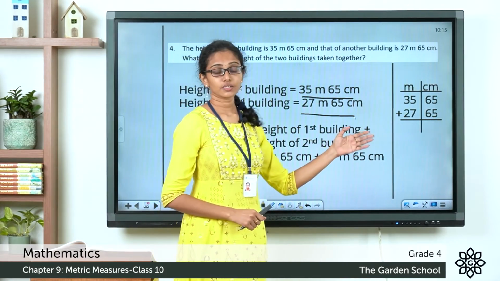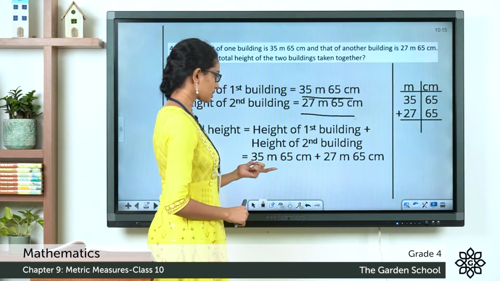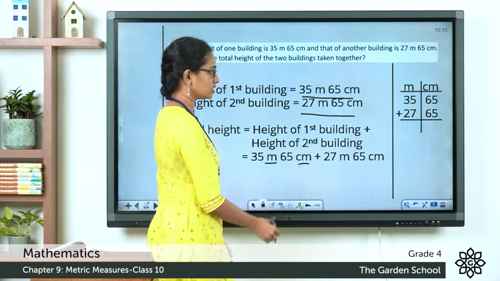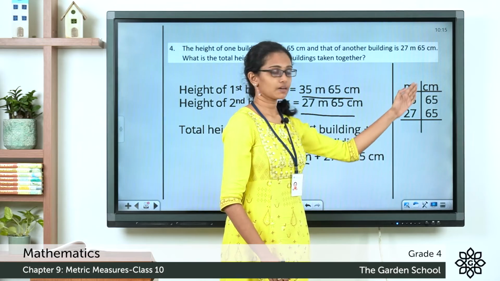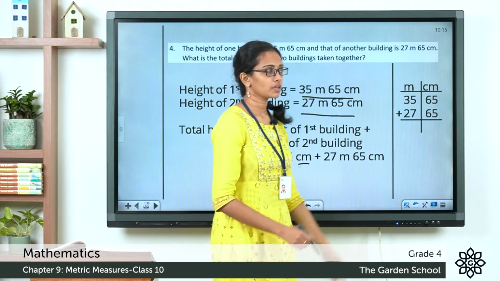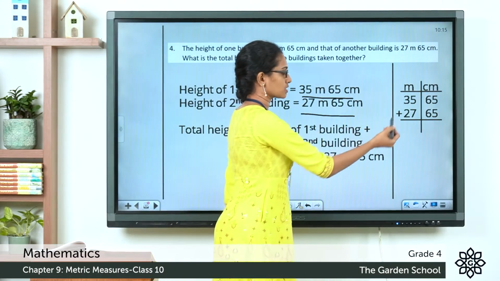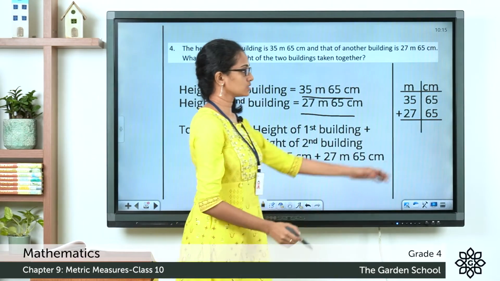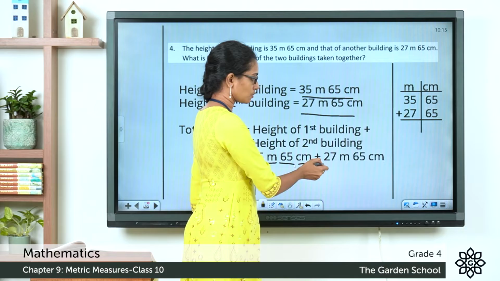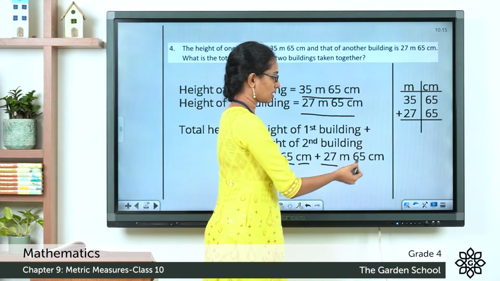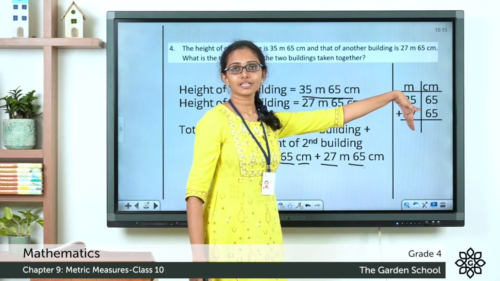So let's do the addition in the working column. So which are the units here? Meters and centimeters. So we have a column for meter and we have a column for centimeter. So the 35 meter goes to the meter column and 65 goes to the centimeter column. The next measurement 27 goes in the meter column and 65 goes in the centimeter column.